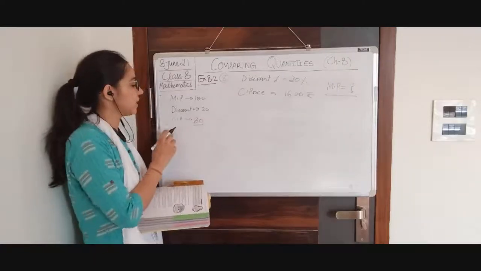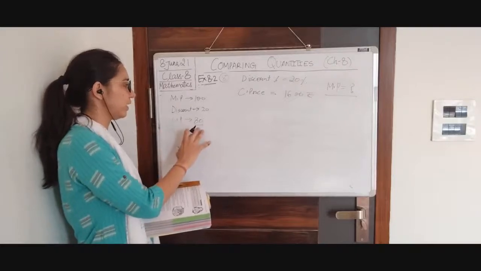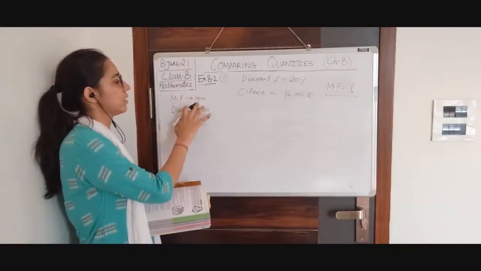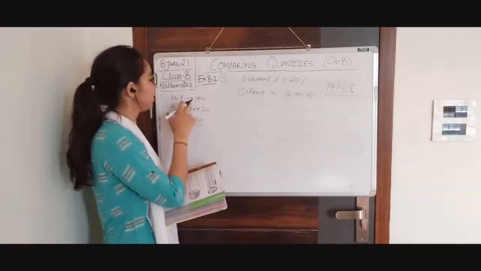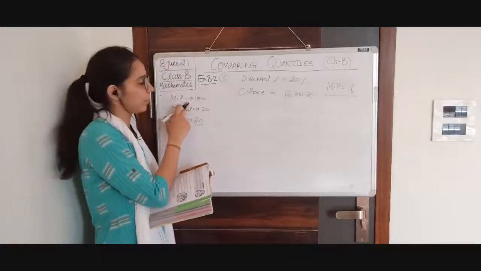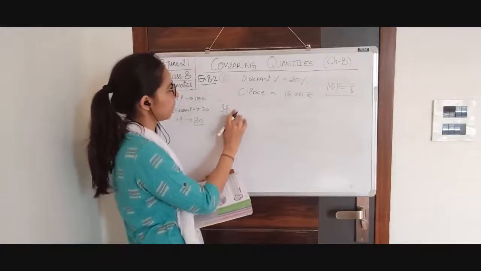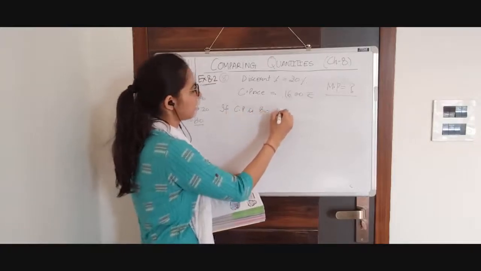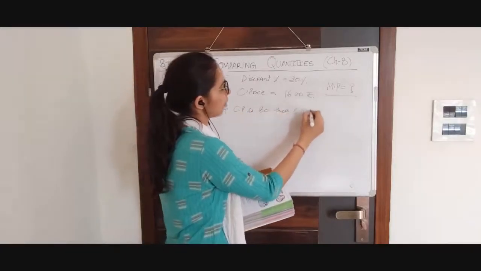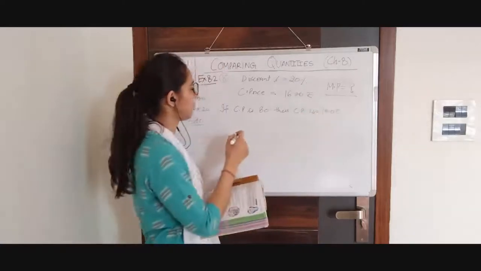It means if CP is 80, then your mark price was 100. So if CP is 1600, we can find out what will be the mark price.